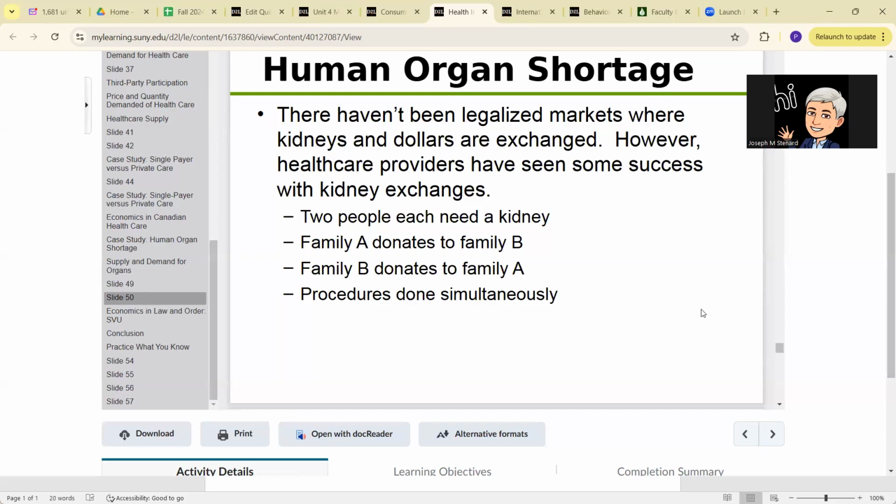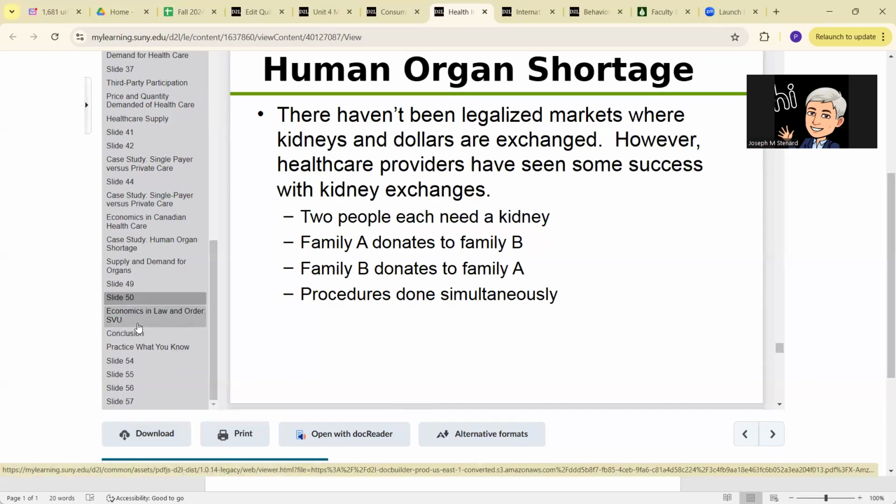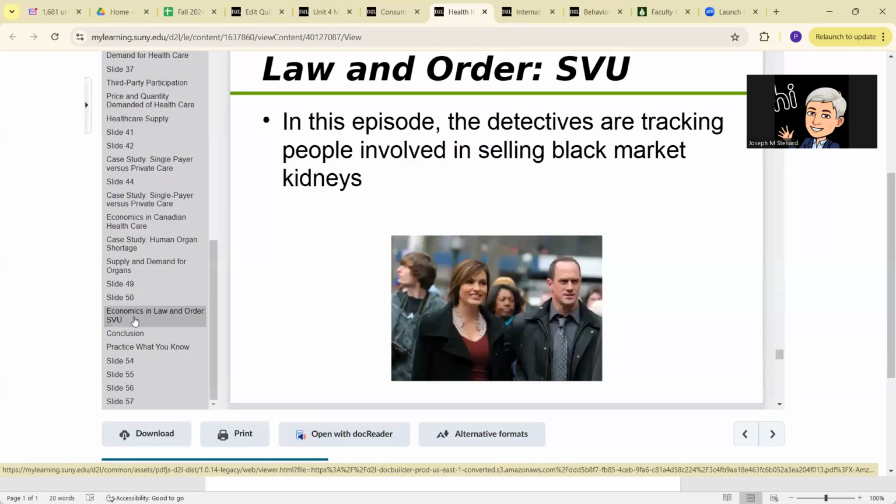And then they do a simultaneous procedure where there's exchange for life, because another issue about the supply is that you might be willing to give, but you're incompatible with the person that you wanted to give to. So this would be an example of making the market more efficient.